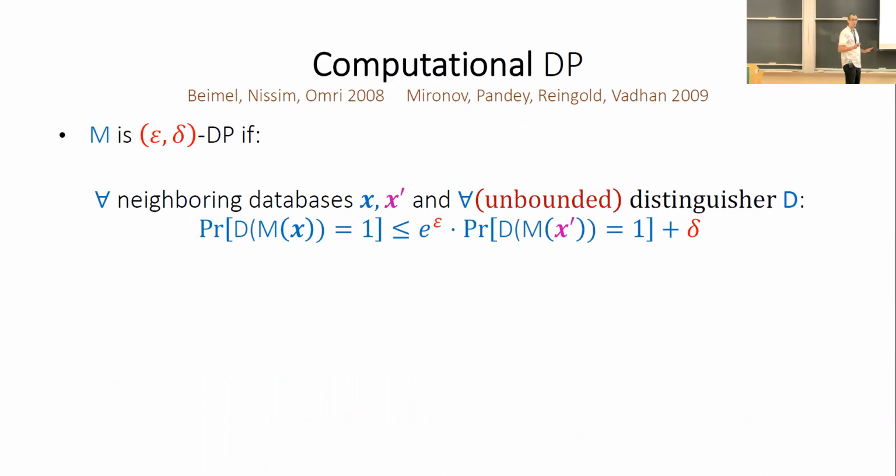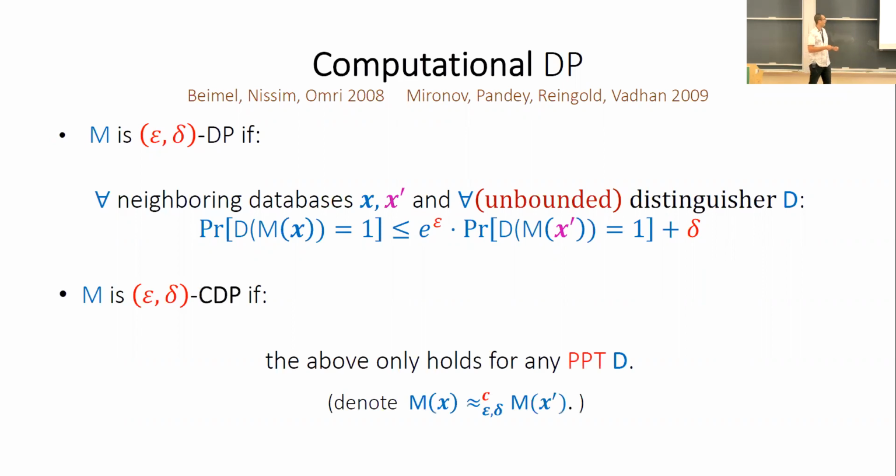This is exactly an equivalent definition, but using this view, we can define a relaxation by considering only an efficient D. So we say that M is epsilon-delta CDP, and here CDP is computational differential privacy, not concentrated, in this talk, so don't confuse. We say that M is epsilon-delta CDP if the above only holds for a PPT D. Namely, an unbounded D might be able to distinguish between M(x) and M(x prime), but an efficient D cannot. We denote this indistinguishability by this superscript C.